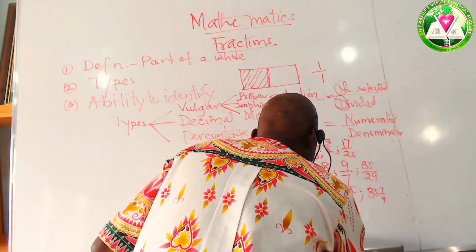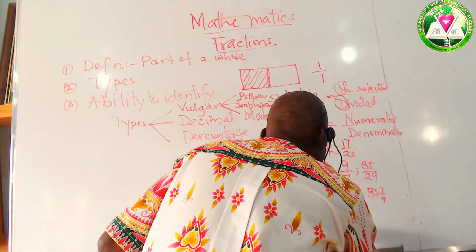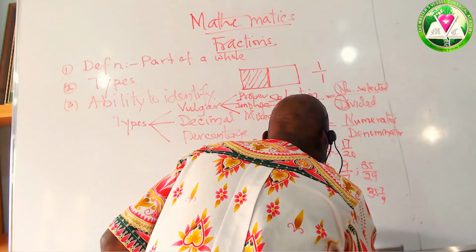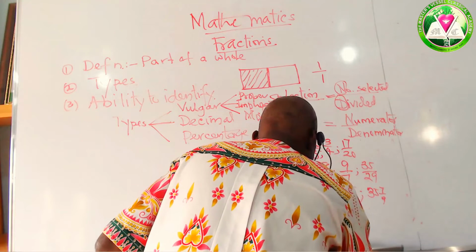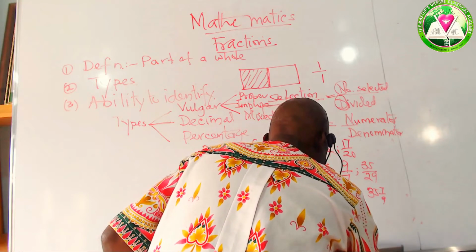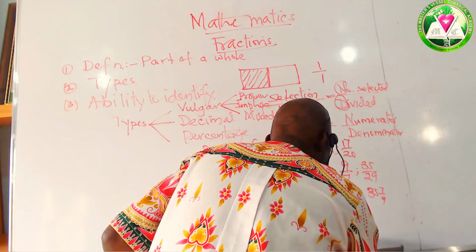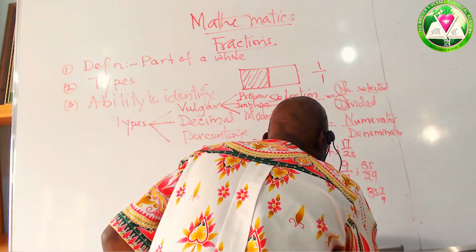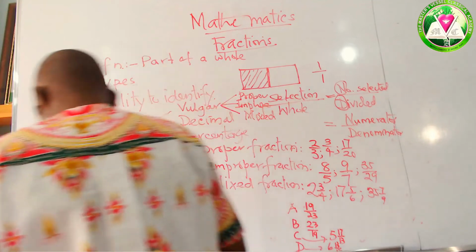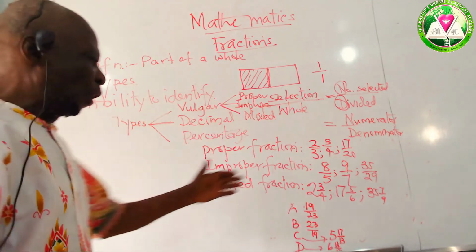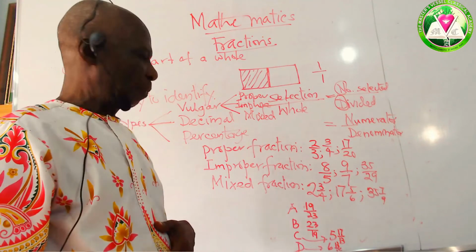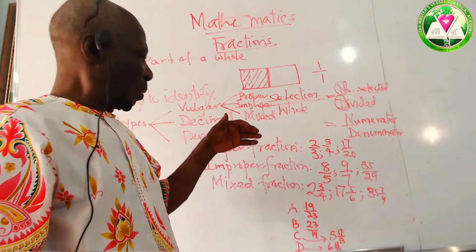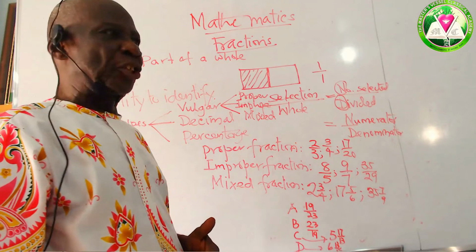In C, we have 5 whole number, 17 over 13. And in D, we have 6 whole number, 13 over 17. We have 4 sets of fractions given here. We are to identify the type of fractions given.